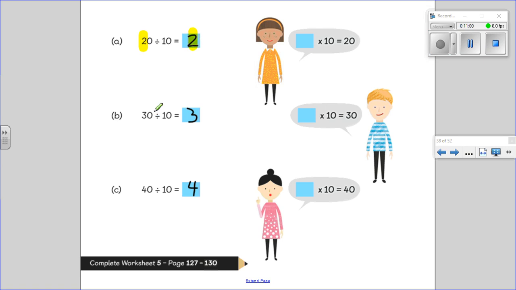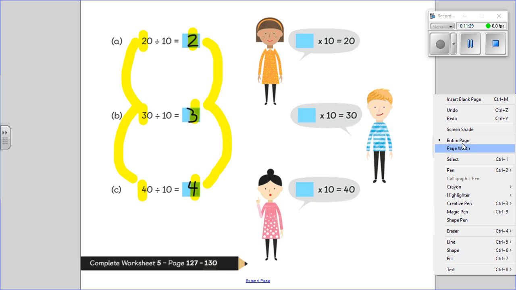You would be right. We've got our 30 and our 3 here, our 40 and our 4 here. So 2 10s, 2 1s, 3 10s, 3 1s, 4 10s, 4 1s. Also, it does go 2, 3, 4, and 20, 30, 40. Well done if you noticed that.